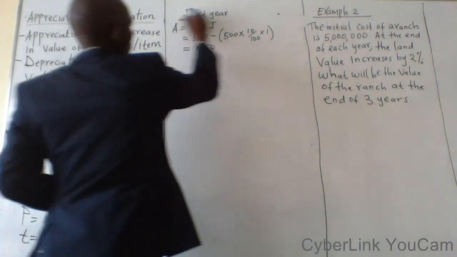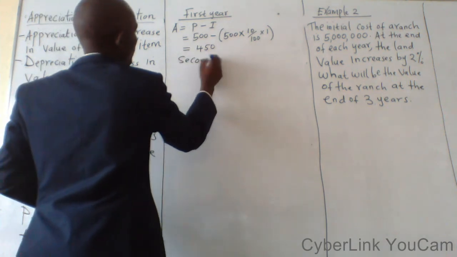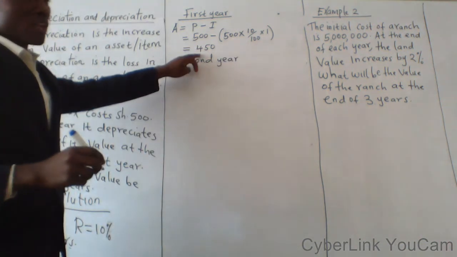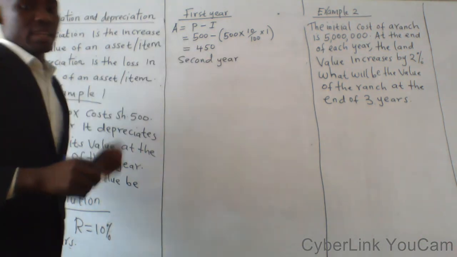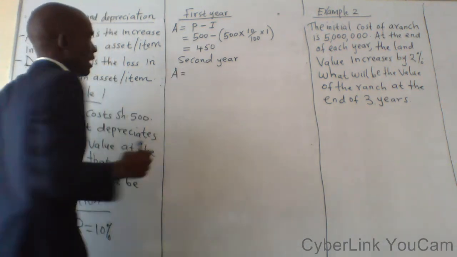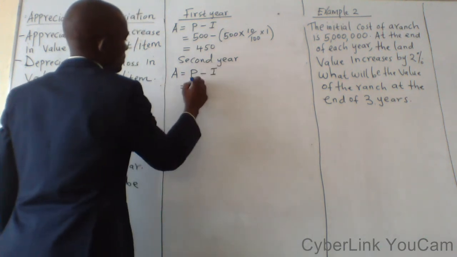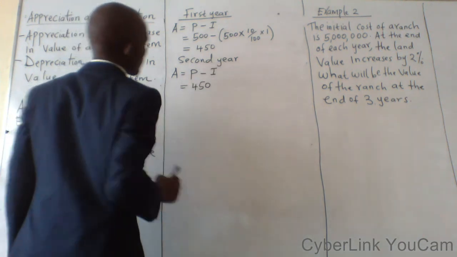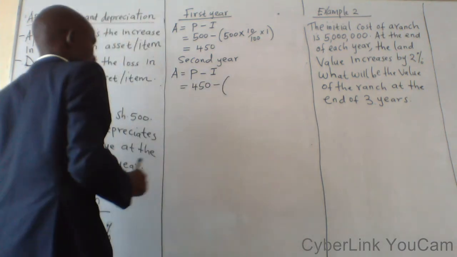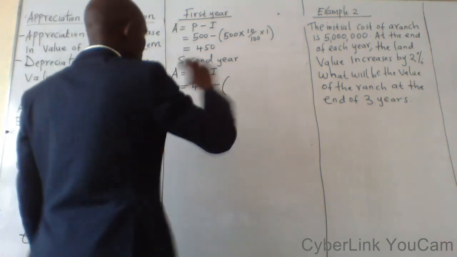Let us look at what is happening in the second year. Remember, we shall be using this value as the principal in the second year. So the amount will still be the principal minus the interest. The principal is 450 minus the interest, or that loss, the depreciation.